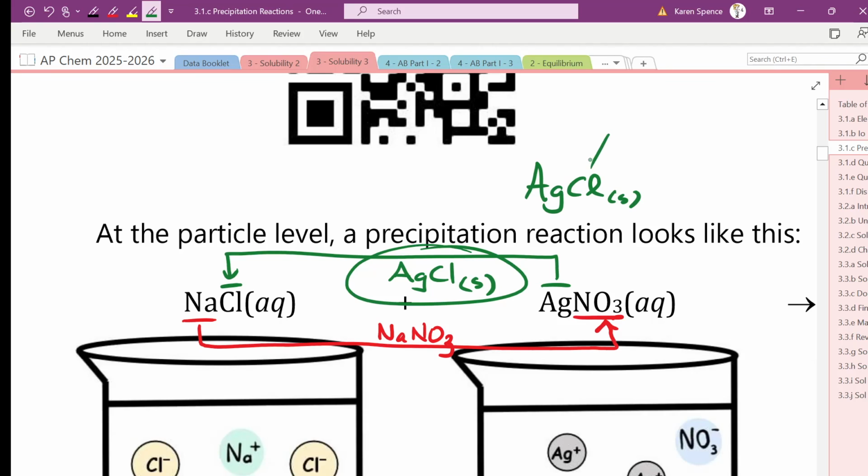That is our precipitate. And in this reaction, the precipitate is formed. So should that be the reactant or should that be the product? Product. Okay. And what two ions do we need to make that product? Ag and Cl.